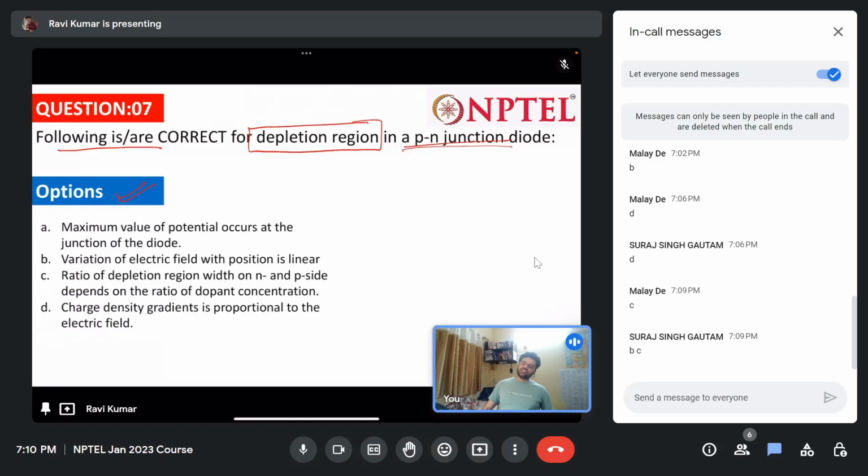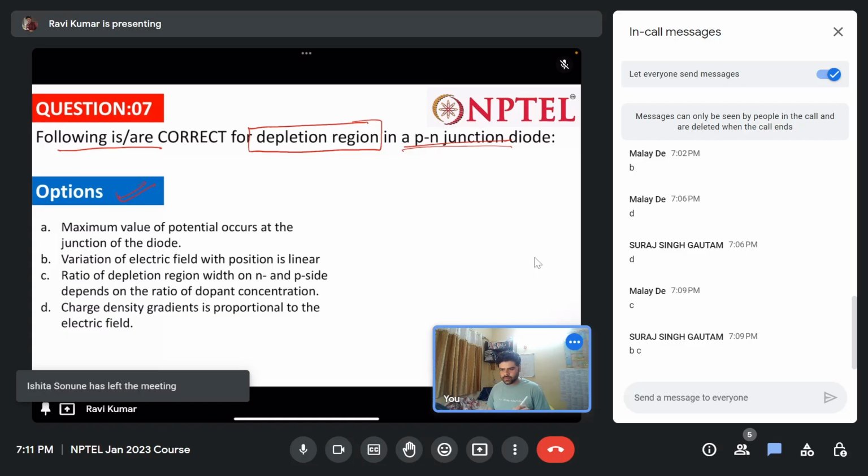Ratio of depletion region width on N and P side depends on ratio of dopant concentration. Yes. And maximum value of potential occurs at the junction. A is false. What you are saying? Can you write it in the chat box? A is not correct. A is false.